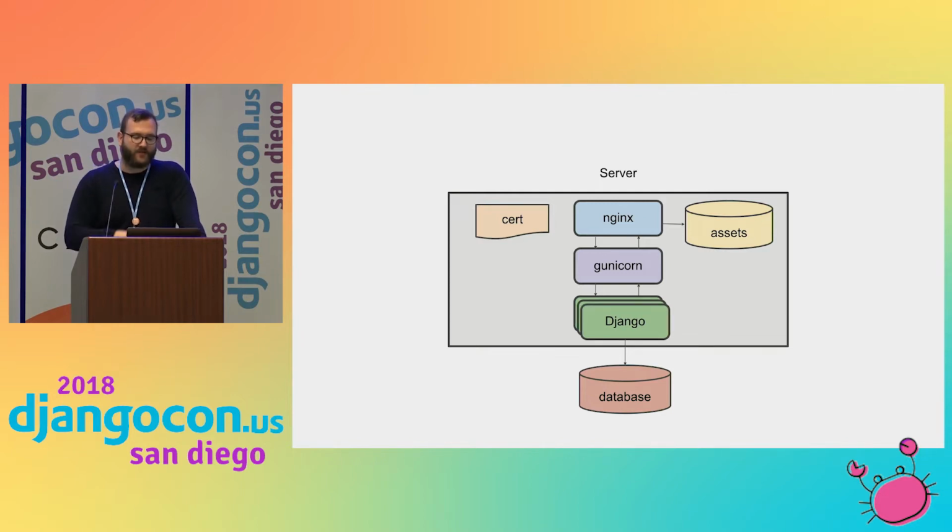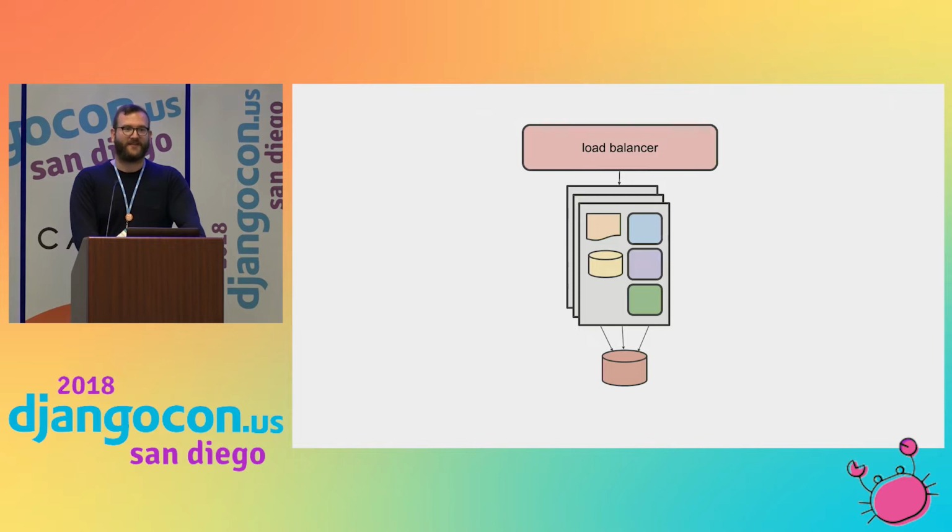And as you get more traffic to your application, you want to be able to handle more concurrent requests. So you'll start making more processes for your Django application, and each of those can handle a request at a time. And then when your server inevitably can't handle the load and falls over, you decide maybe you'll make several of those servers and put them behind a load balancer.